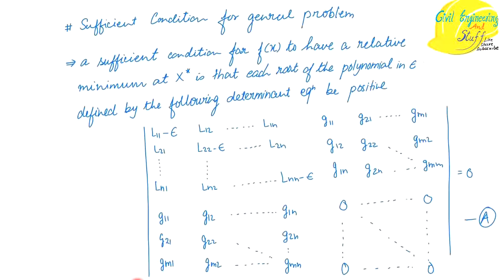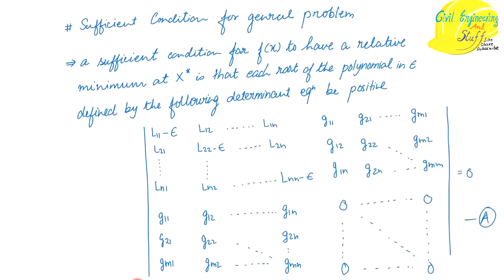To ensure that the obtained point has the maxima or minima, or it is a null point, that is, neither maxima nor minima, we need to satisfy a sufficient condition. For that, we'll prepare a matrix, and through this we will add a polynomial function to the variables involved, and we'll find out the value of the variable.